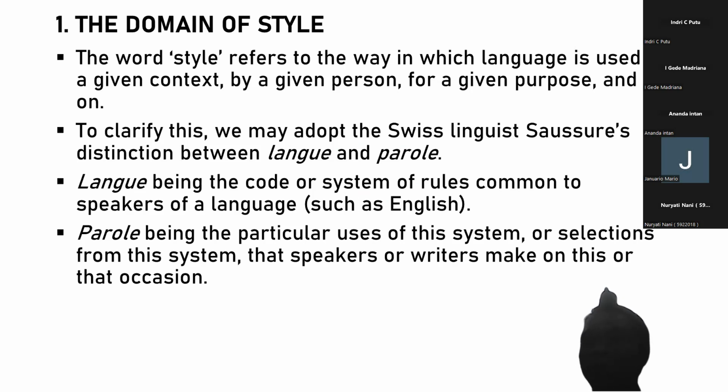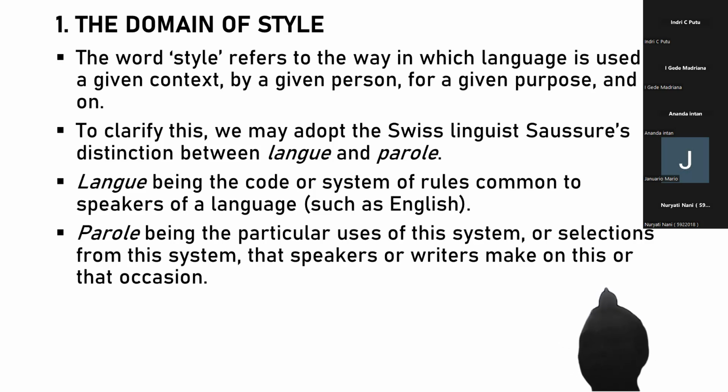So when we talk about style, we specifically talk about the way in which language is used, for example, in a given context, by a given person, or for a given purpose.